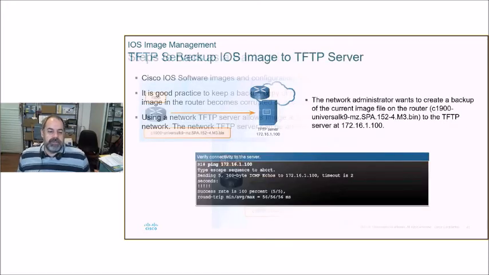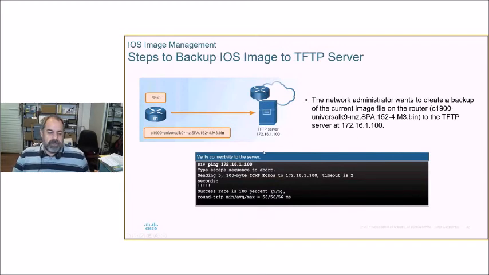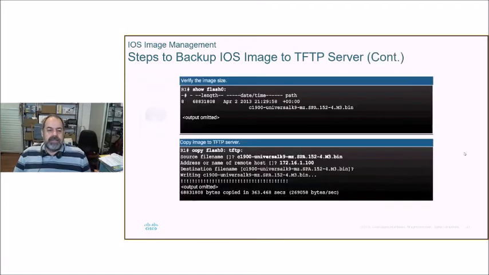Of course, you'd want to ping the server first to make sure you've got connectivity. After that, as I said, copy flash TFTP. It'll ask you for a source file name, and you need to supply that, which is why you do the show flash, copy, paste.